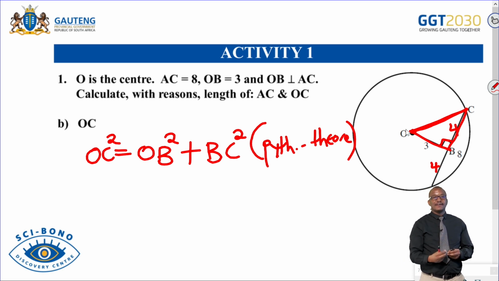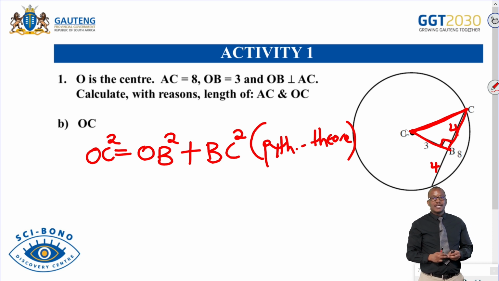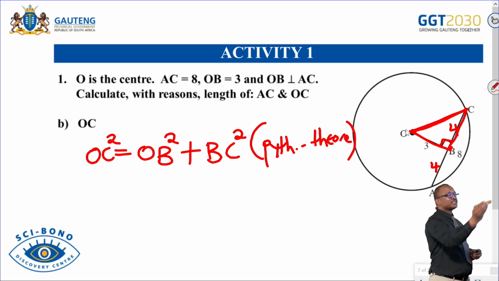We have the length of OB, which is 3, and we also have the length of BC, which is 4. Then you substitute there.